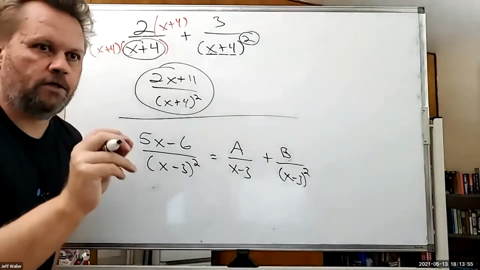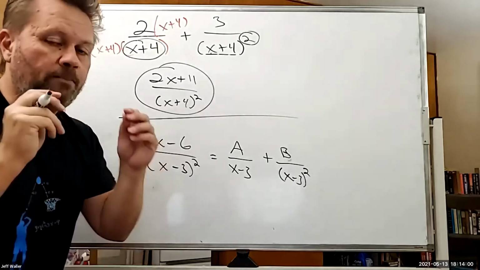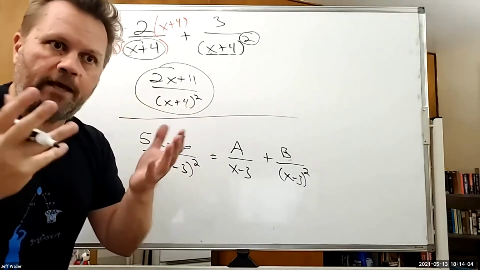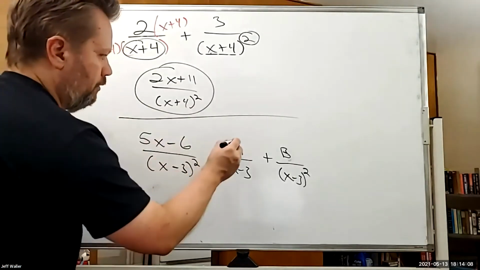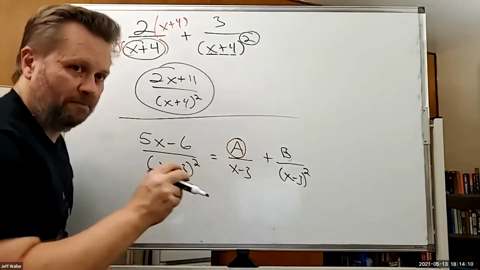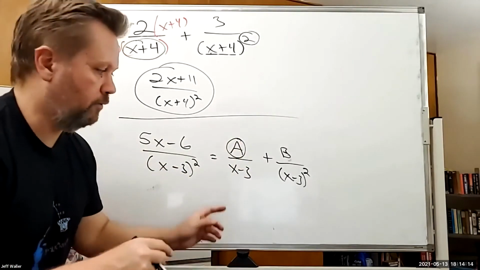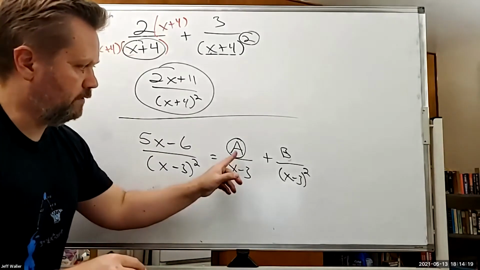So I want you to start to realize, stay with me now, this is where things get more complicated. When the bottoms get worse, the procedure gets a little more complicated. Of course it does. But this is the main thing: whatever you put on the top has to be one degree below what's on the bottom. This is linear, so that's a constant.